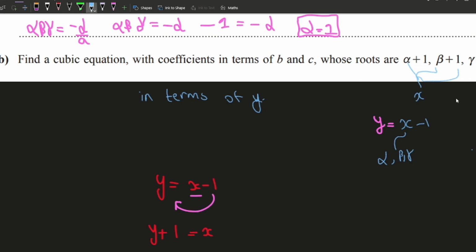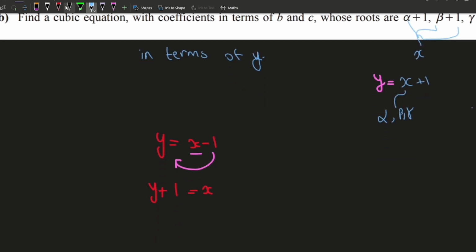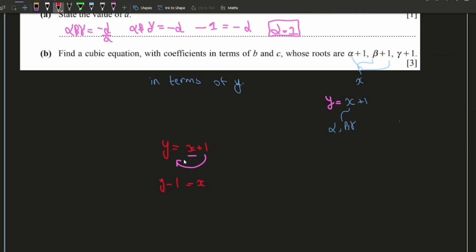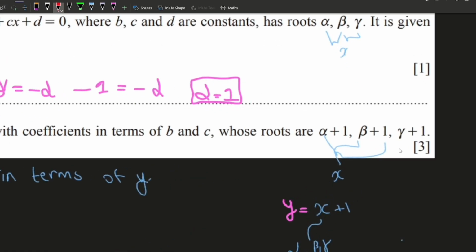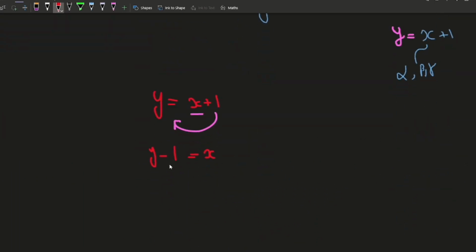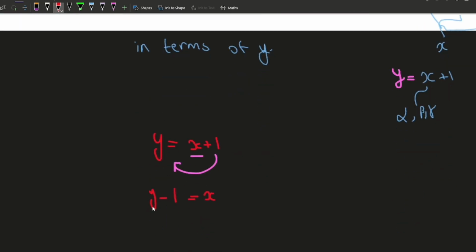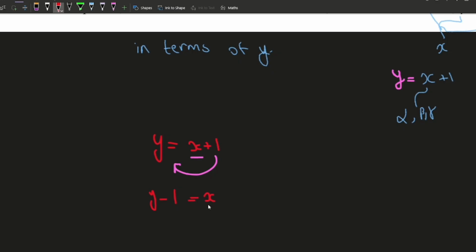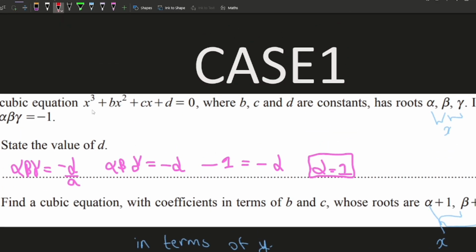Never mind, this is plus, hence this will be plus, and this will be y minus 1. We have written the equation we formed using the roots and put it equals to y and made x the subject. Now, can we input the value of x in terms of y in place of x in this equation? Yeah, we can do that.